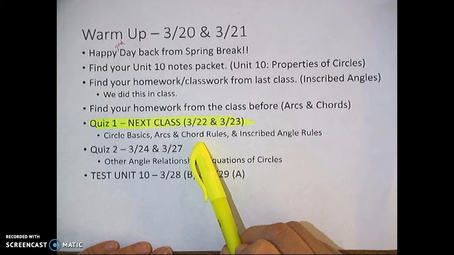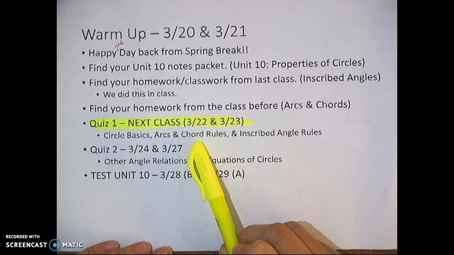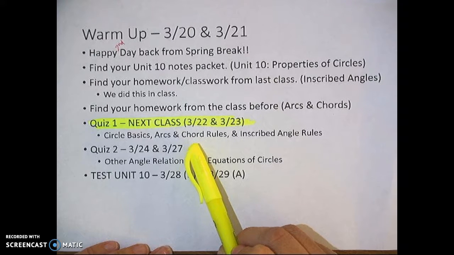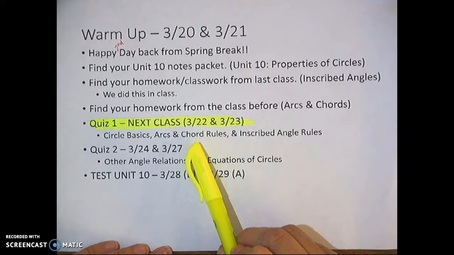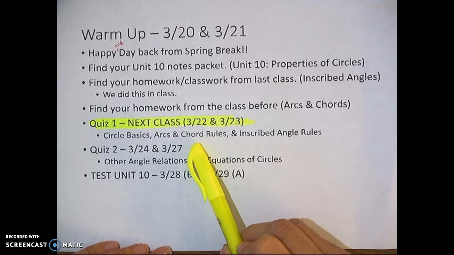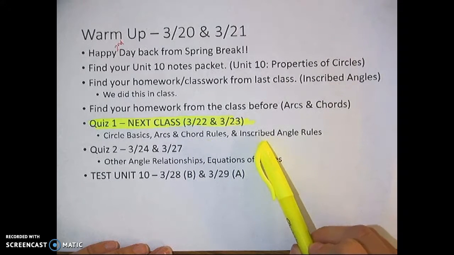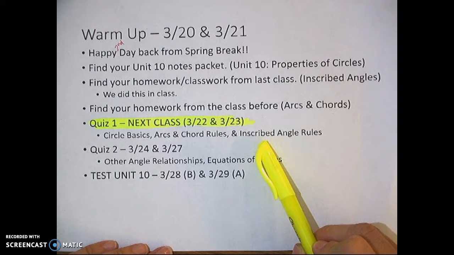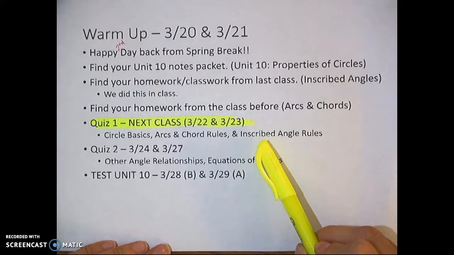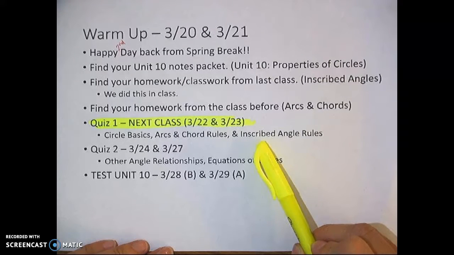We talked about chords and how if the chords are congruent, the arcs are congruent, and several other rules like the diameter is the perpendicular bisector of a chord, that kind of thing. And then the inscribed angle rules, which is what we did the last class that we met and did new material. I'm going to go over that homework today, and then that will be included on the next quiz.